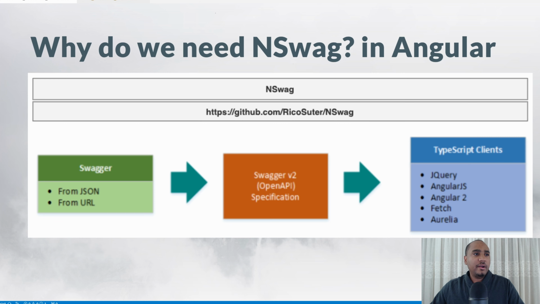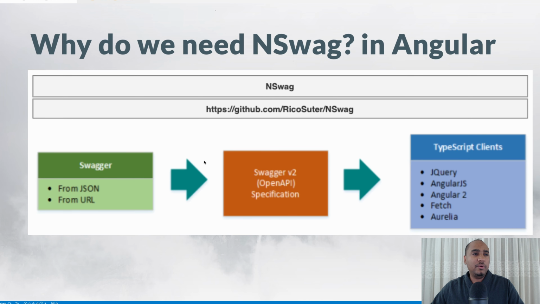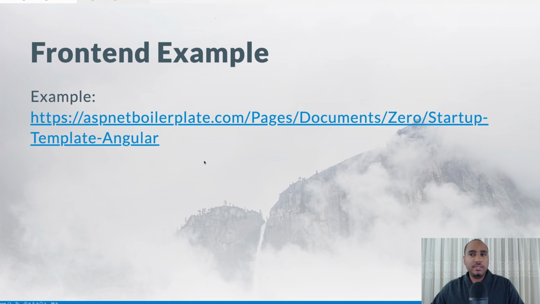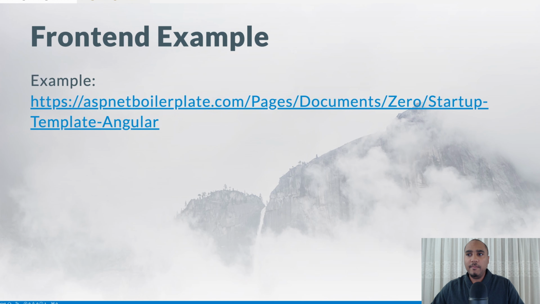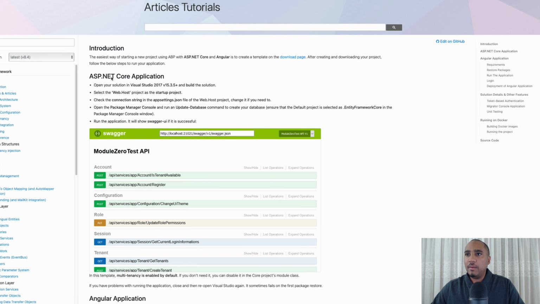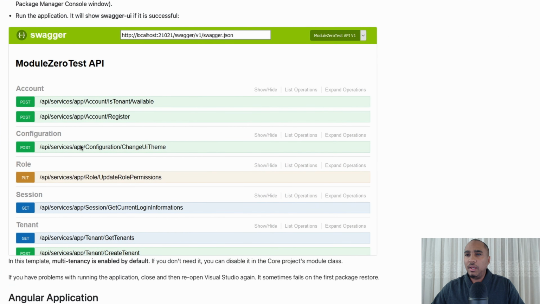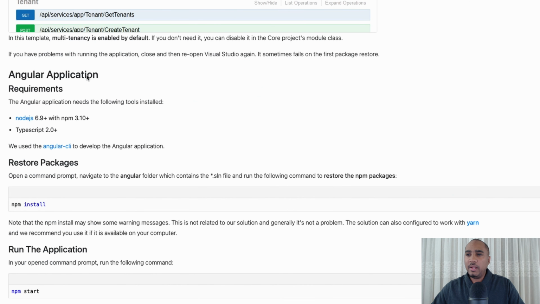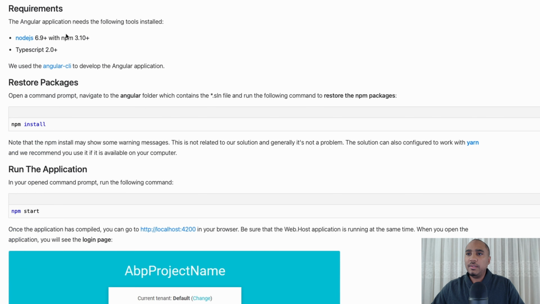It is very easy to get up and running with the complete Angular application when you download the template. Let's go to the example page and you can see how easy it is to start a new application. I'm gonna click here. And when it comes to the Angular application, you can see here it starts by saying, hey, it's a .NET Core application. This is one image of the Swagger client that's going to be generated for you. But here it starts, hey, when it comes to the Angular application, we have the requirements. You need Node.js 9 plus, and you need NPM 3.10 plus.